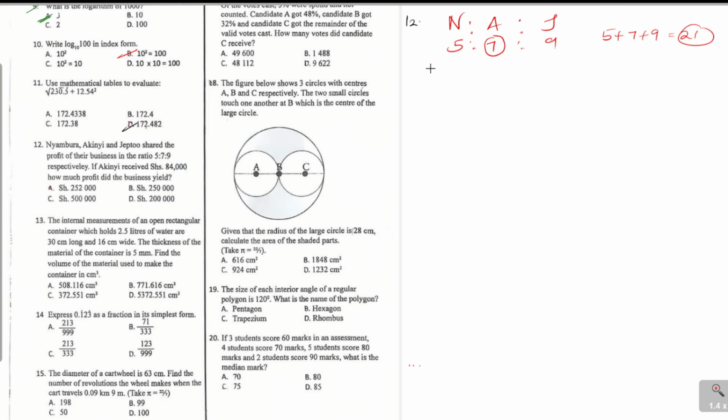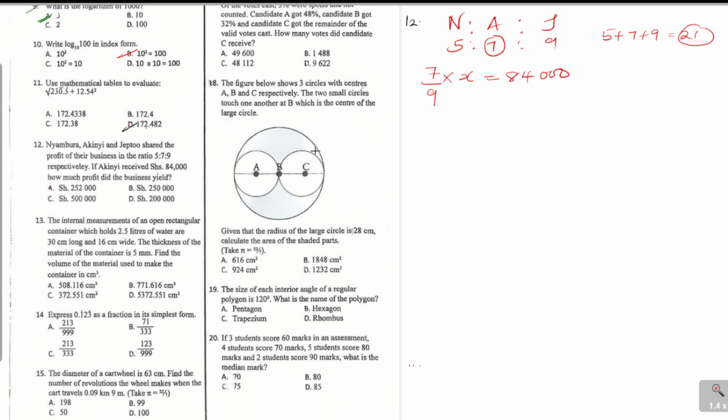So the fraction Akinyi received will be 7 divided by 21 times the profit. And that is what is giving 84,000. So that is how we get the amount Akinyi received.